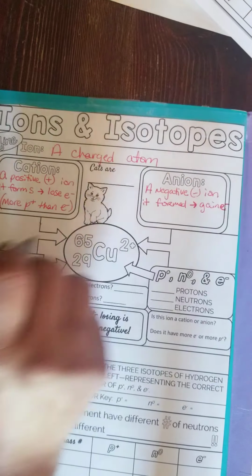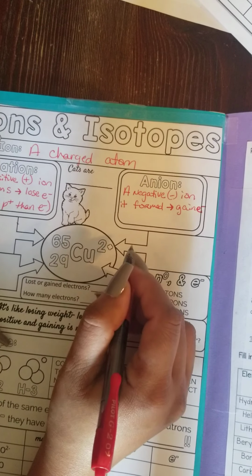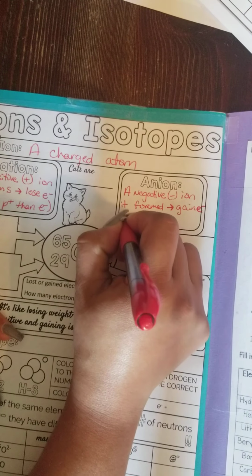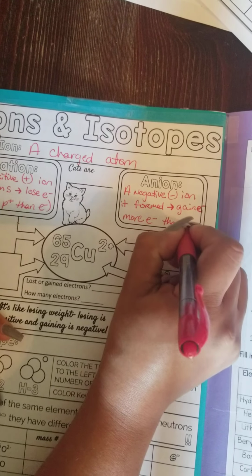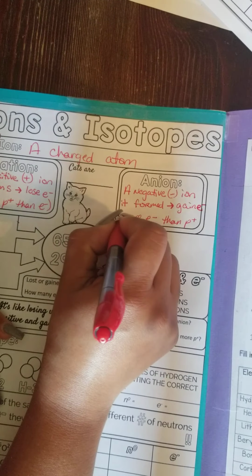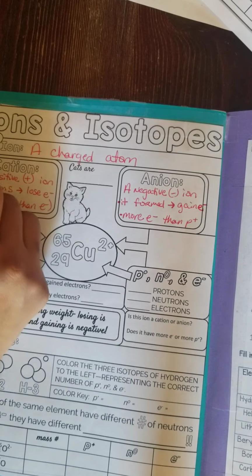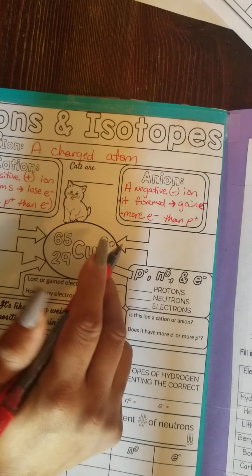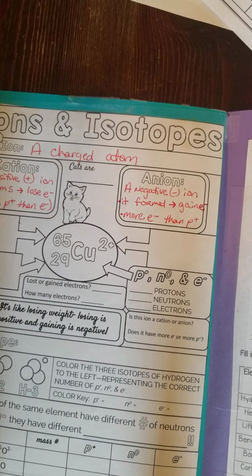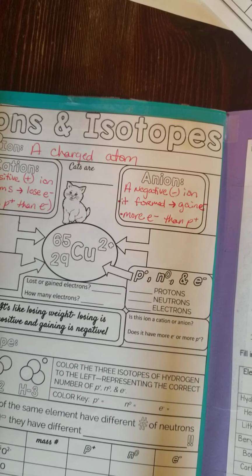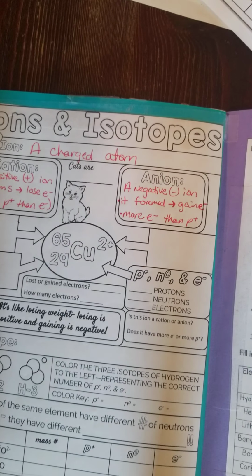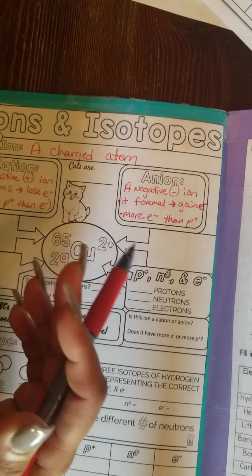That's how it happens. It gained negative electrons. So it has more electrons than positive protons. Again, it's not because it lost protons. The proton number can never change. Okay? Why or what happened? It's because the negative electrons were added.